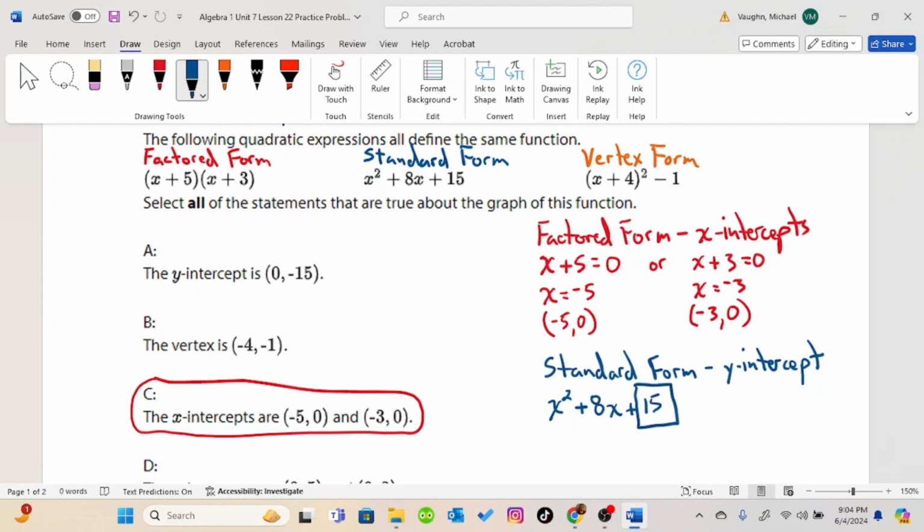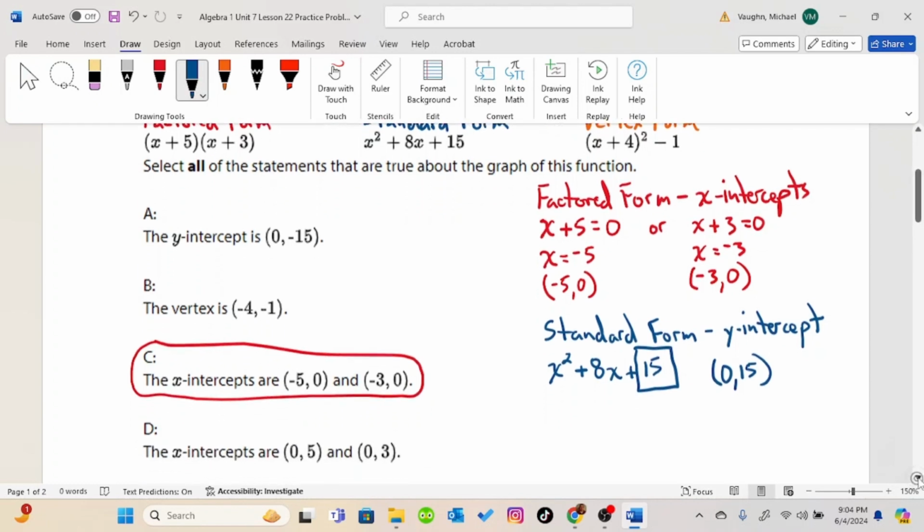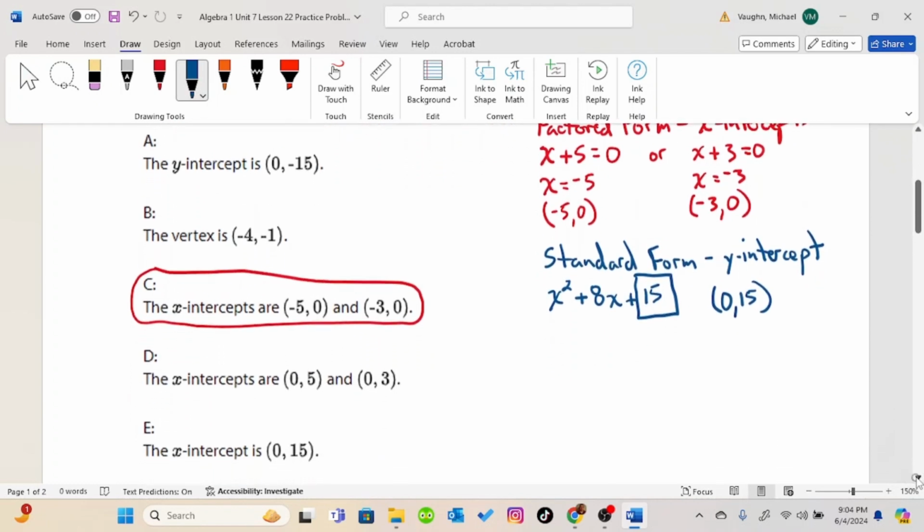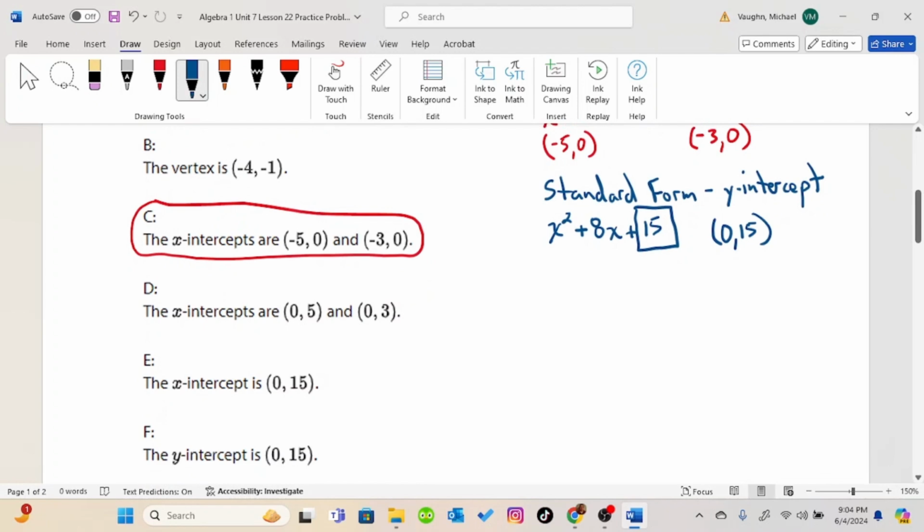So 15 is our y-intercept, so our y-intercept is at 0, positive 15. So if we scroll down, we see that this matches choice F. The y-intercept is 0, 15.